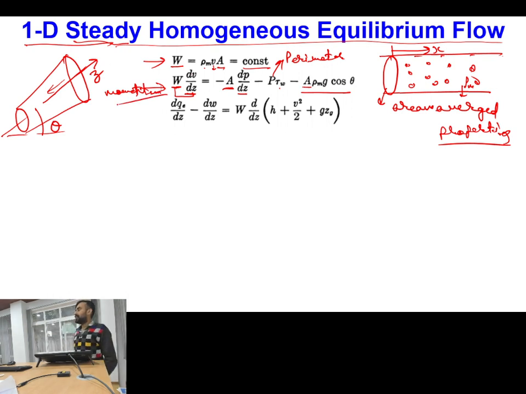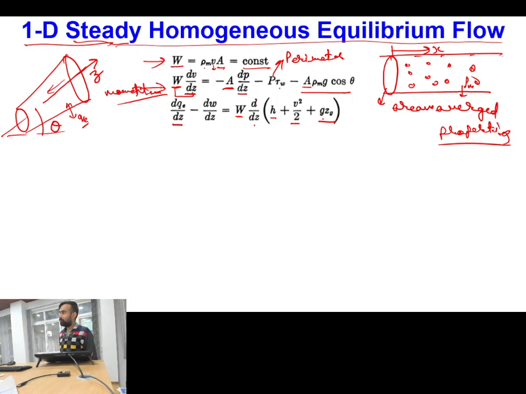Okay. Next I need to write down the energy equation. So what about the energy equation? dQE by dz. So this is any heat transfer from outside, heat interaction with outside. So QE is my heat interaction from outside, per unit length of the pipe, which I have written over here. Similarly, this is work interaction per unit length, that is equal to mass flow rate of the pipe into d by dz of property.